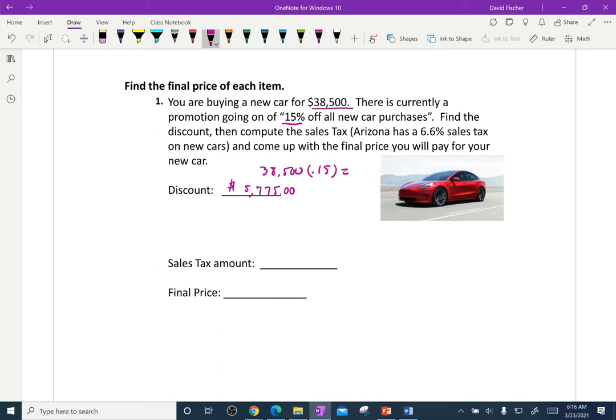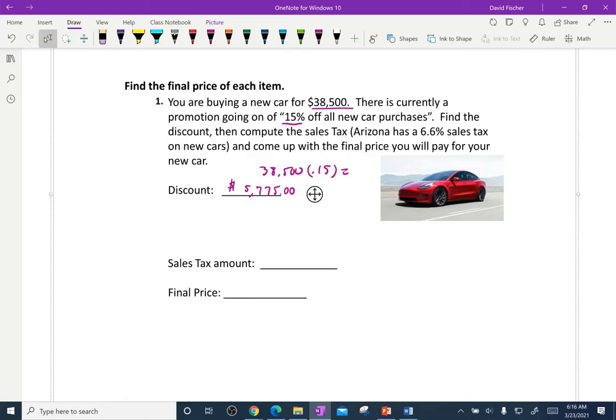Okay. Now, when you do sales tax, they charge you sales tax on whatever the final price is. So we got that discount, so let's find the new price of the car. We get this much off. So let's take that 38,500 and subtract our discount, 5,775.